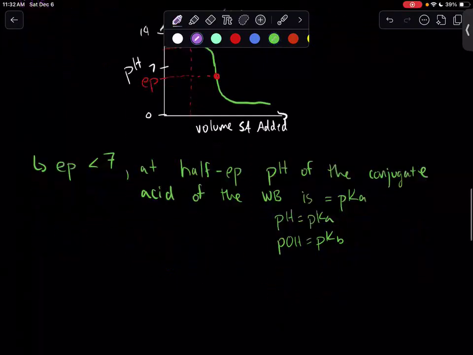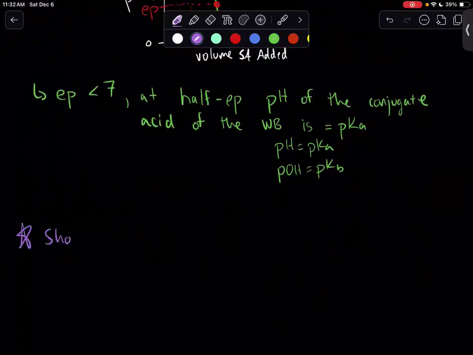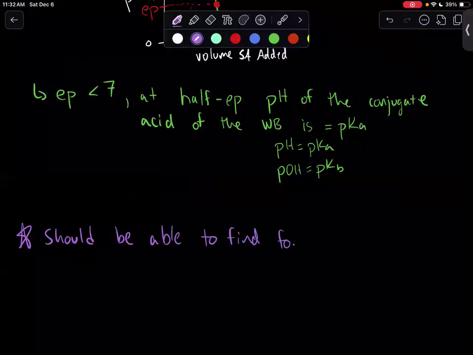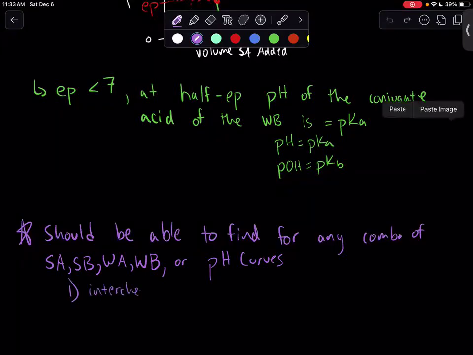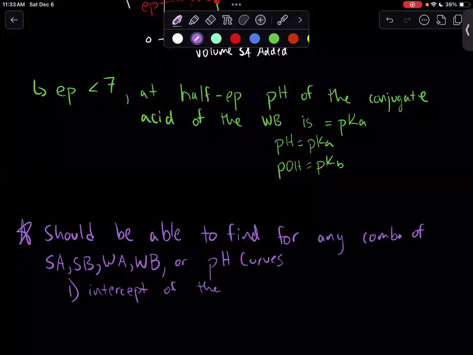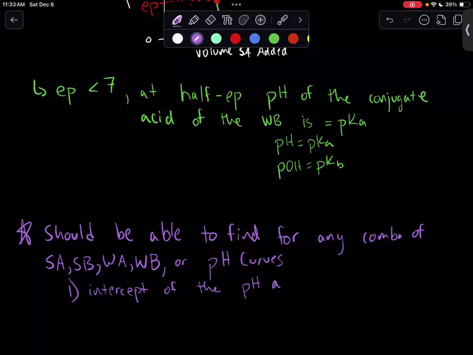With these curves, the big thing for the DP exam, so these are the big things of note, students should be able to find, for any combination of strong acid, strong base, weak acid, or weak base pH curves, where the curve starts, the intercept of the pH axis.